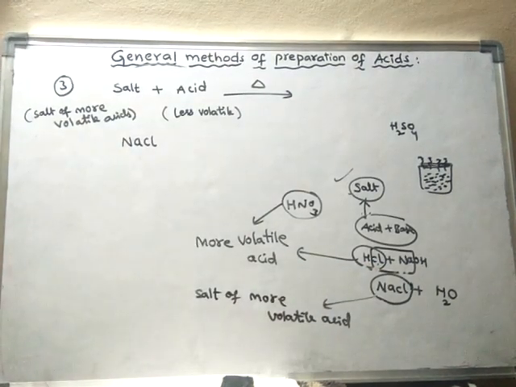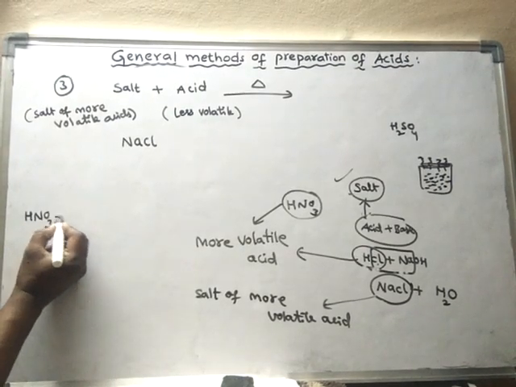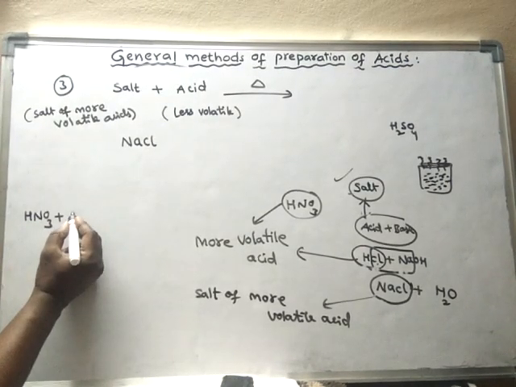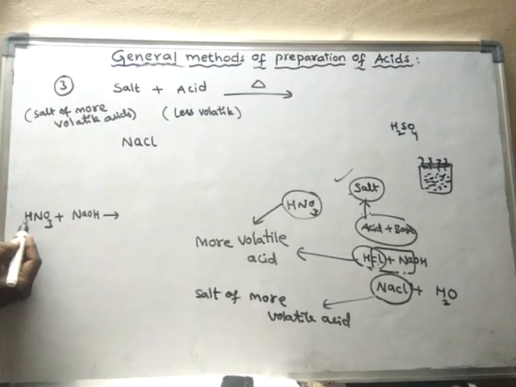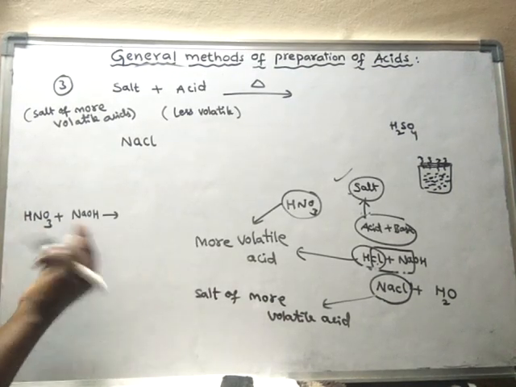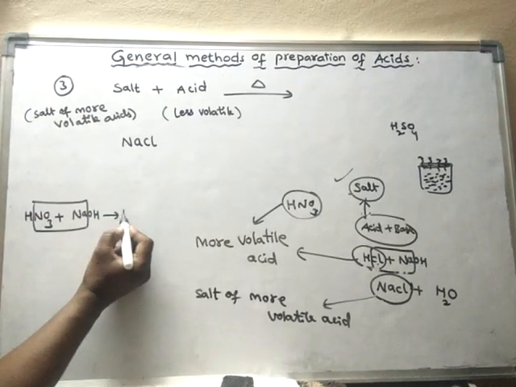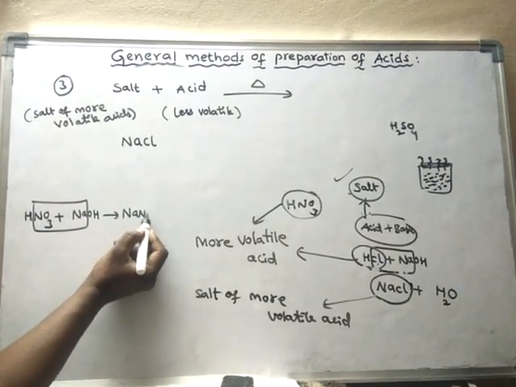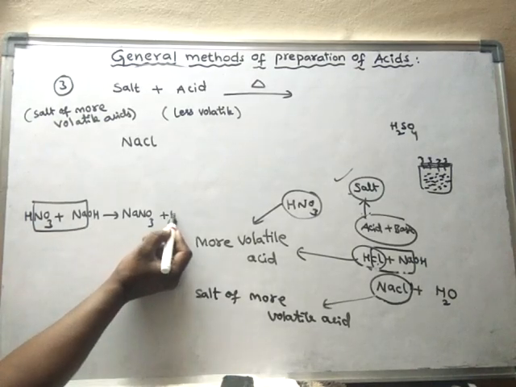Another example: HNO3, nitric acid, when reacted with NaOH, what happens? This is a more volatile acid. When reacted with a base, it forms salt, NaNO3, plus HOH, that means water.